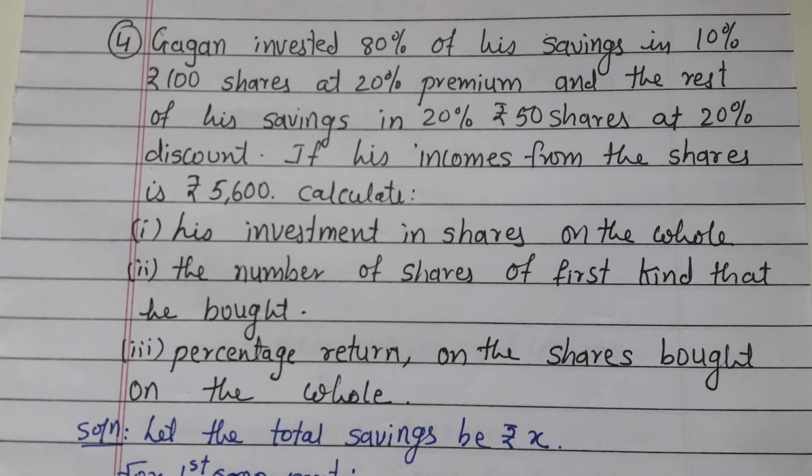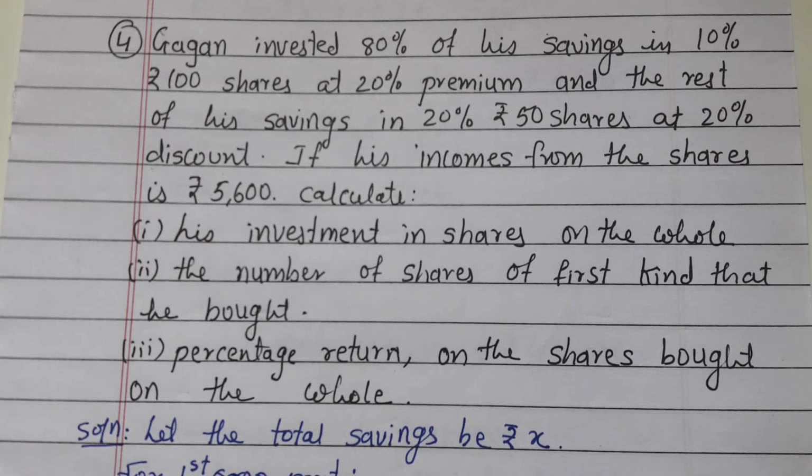If his income from the shares is rupees 5,600, calculate first, his investment in shares on the whole. Second, the number of shares of first kind that he bought. Third, percentage return on the shares bought on the whole.